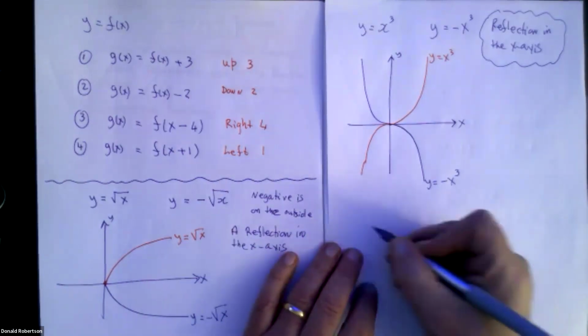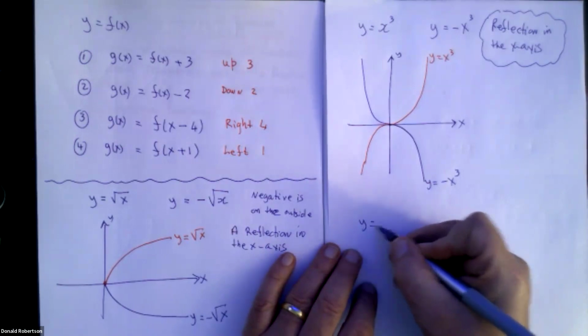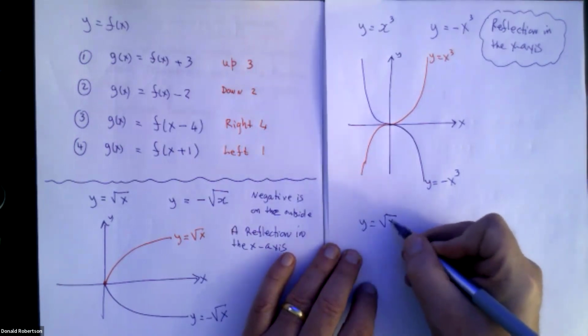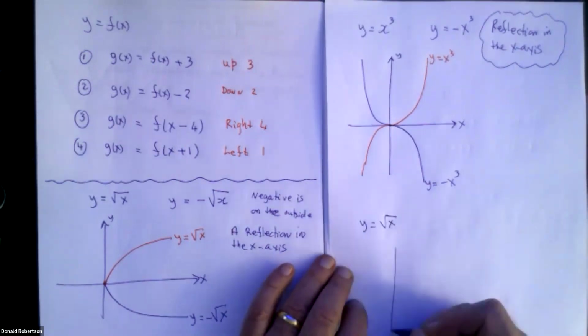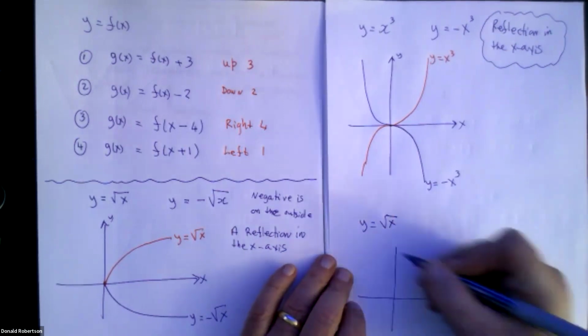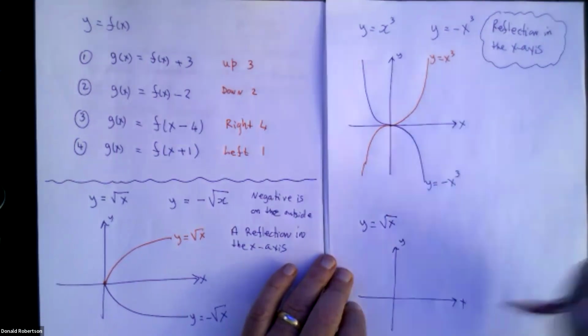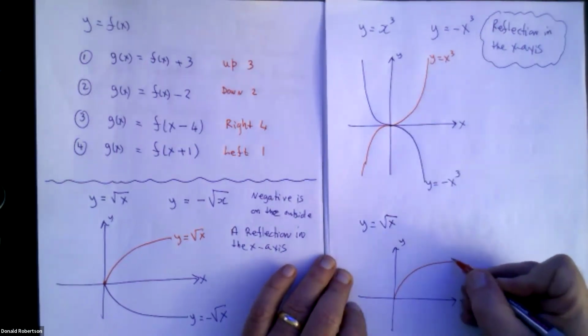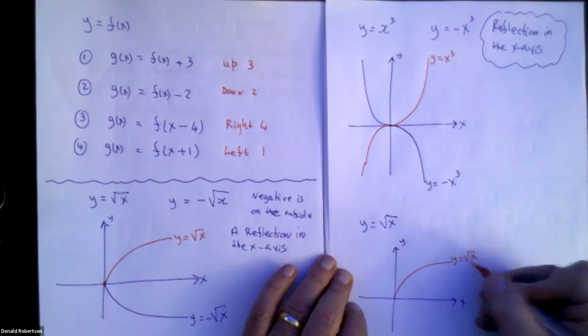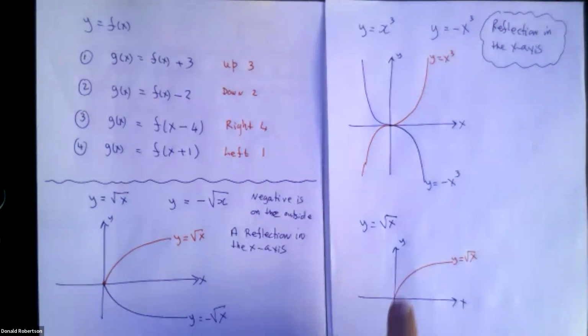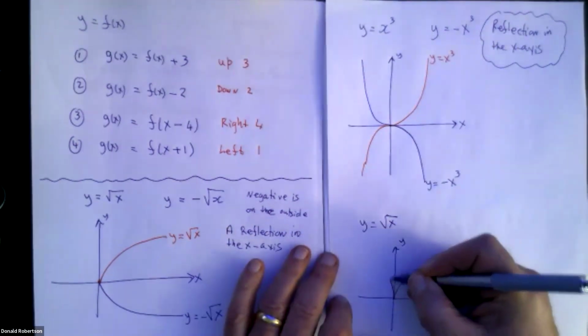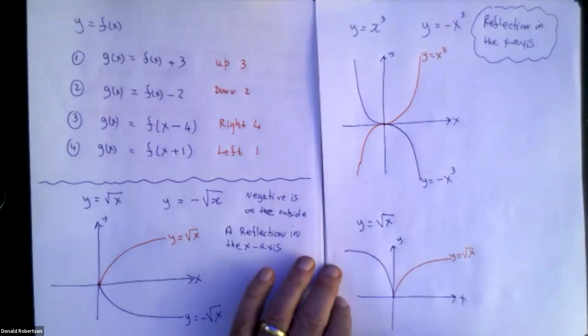Well, let's pick the square root of x, which looks like that. And now reflect it in the y-axis, it would look like that guy.